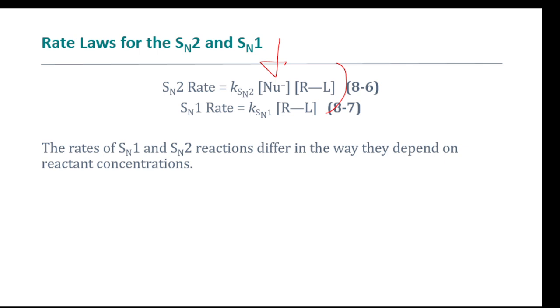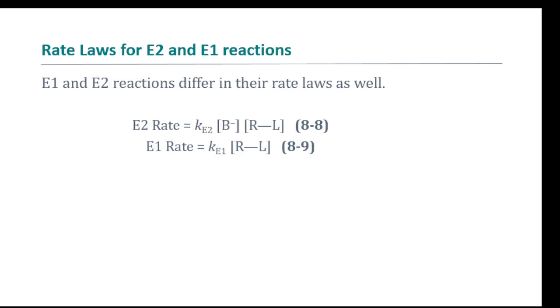All right. E1 and E2 reactions are going to differ in their rate laws as well, of course. And again, it's the substrate, same. It's going to depend on the concentration of the substrate for both of them. But for the E2 rate, it's going to depend on how much base you have as well. Okay? More base means more collisions, means more reaction, right?